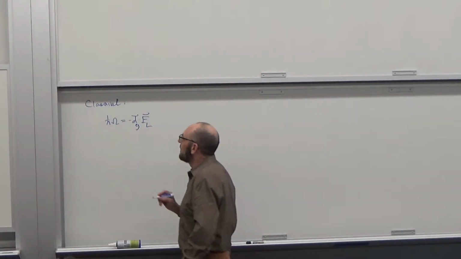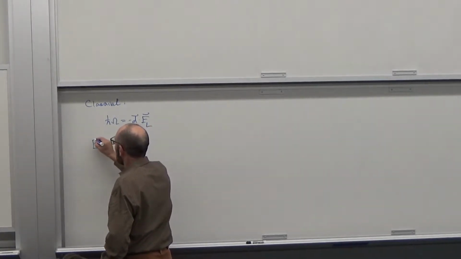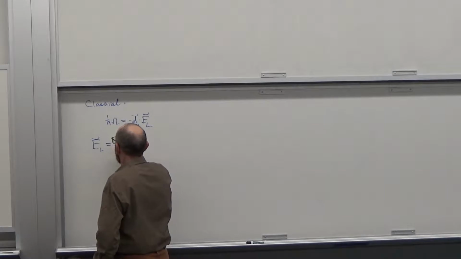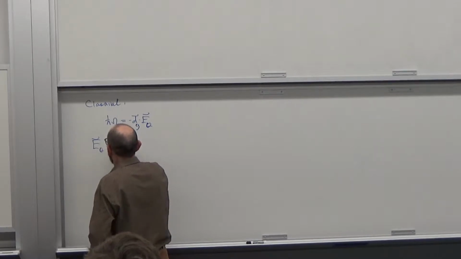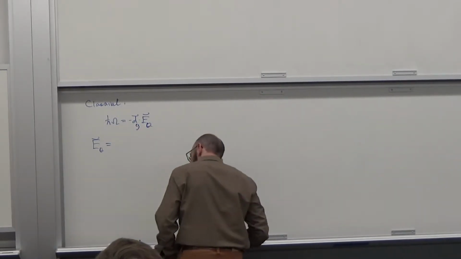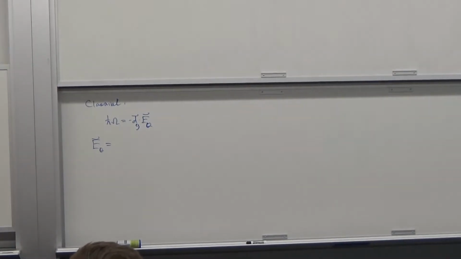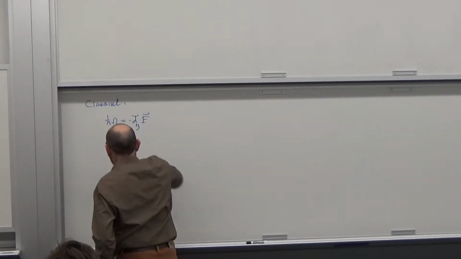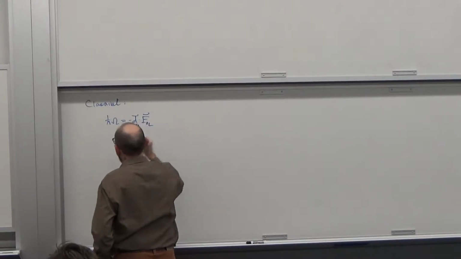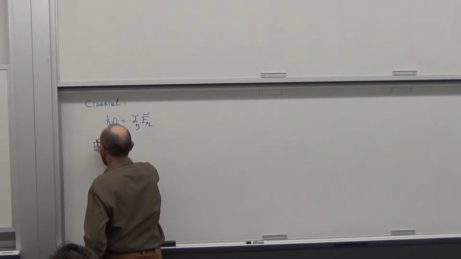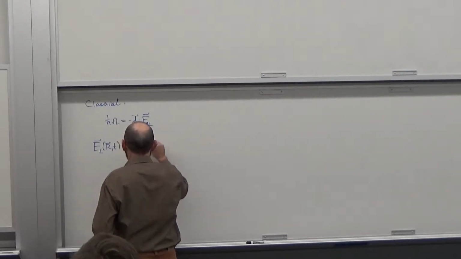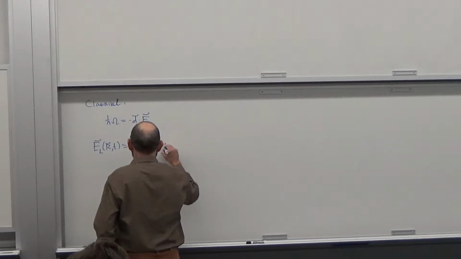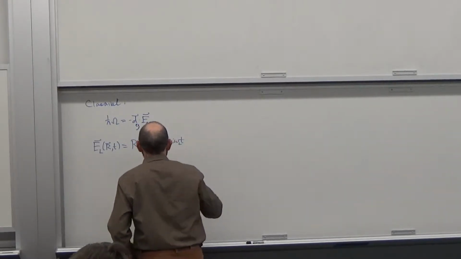And the electric field strength of the laser, let me call this E0. If I wrote the electric field of the laser at some position as a function of time as the real part of some amplitude e to the minus i omega of the laser t, right?